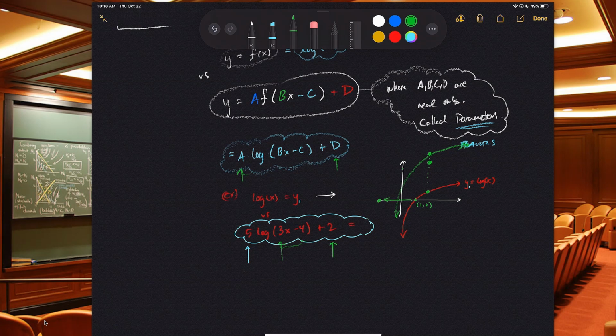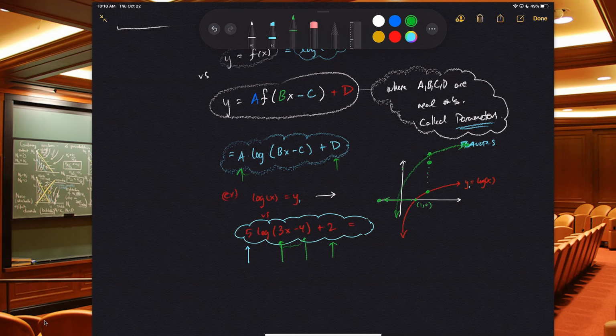An input of 1 is now 3. An input of 2 is now the input of 6, right? So it's taking the log of 6 and putting it where the log of 2 was going to go. So it's kind of smushing it down in this direction. You can think of it as shrinking it when this number is larger than 1. And when it's less than 1, it's going to be stretching it out because you're going slower. That's tough to draw, but I'll show you in Desmos how that looks in a moment.